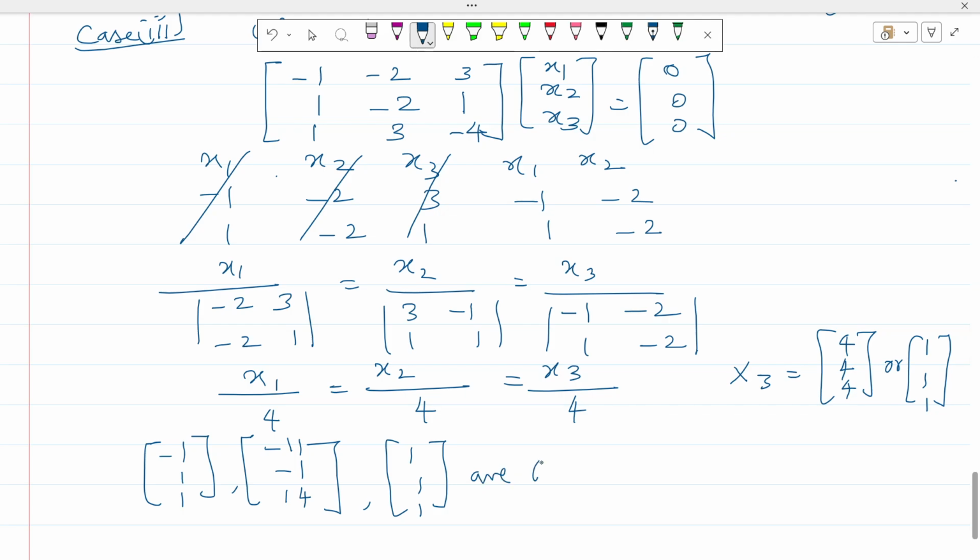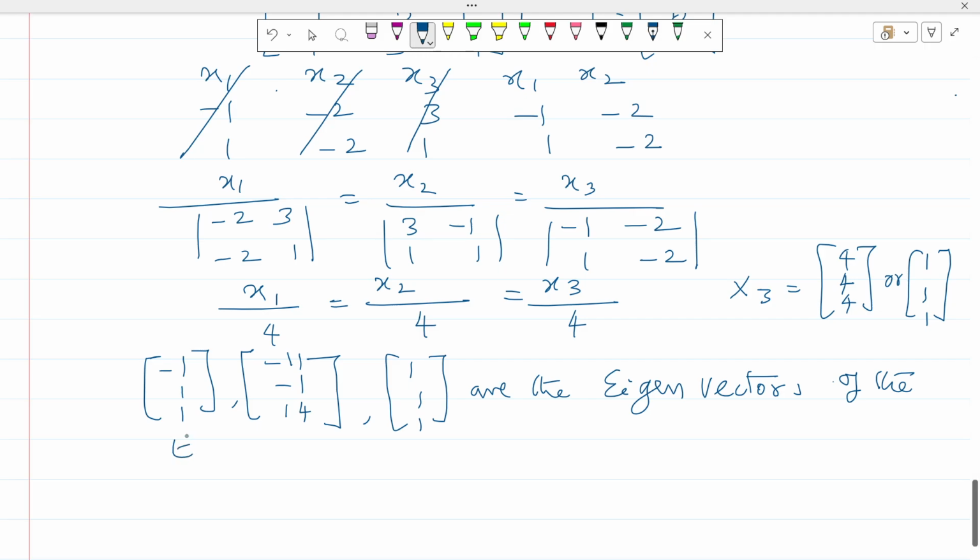Finally, you have to write the answer as the eigenvectors of the eigenvalues 1, minus 2, 3 respectively.